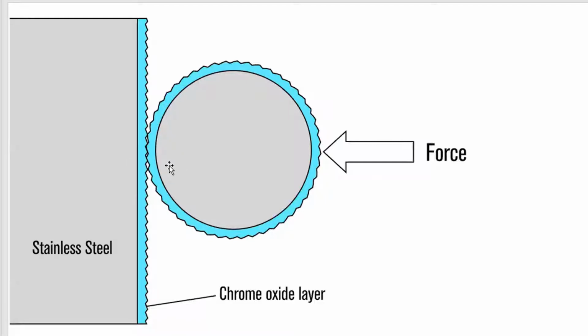It's actually that very thin layer of chrome oxide. And so this is the direction of force, and this is what creates the contact between the two bodies. And this photo would just be in static mode. All they do is they're just forced together. Nothing exciting there.